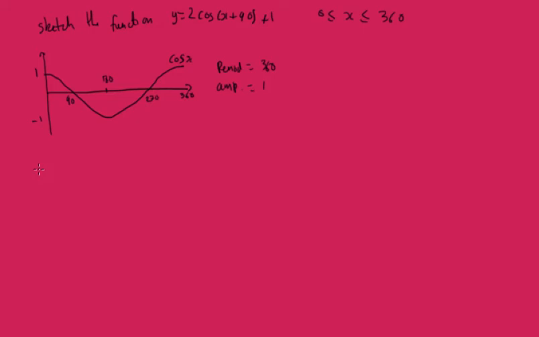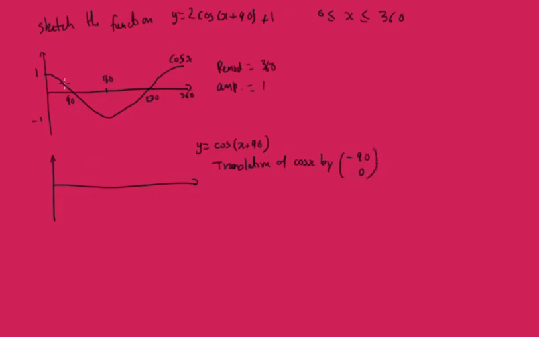Now we're going to add in the next step. So this time we're going to do cosine of x plus 90. So that is a translation of the cosine of x by the vector minus 90, 0.